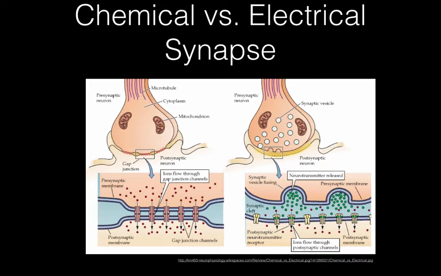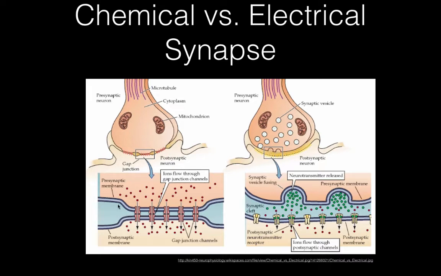The two major types of synaptic transmission occur from two major synapses in the nervous system: chemical and electrical synapses. Let's first discuss electrical synapses, shown here on the left panel. In an electrical synapse, two cells are actually physically connected with one another.